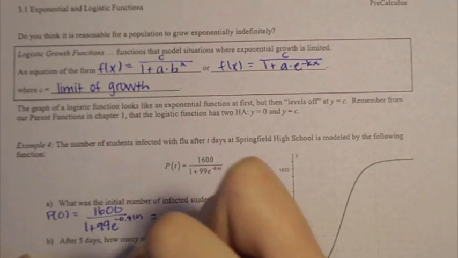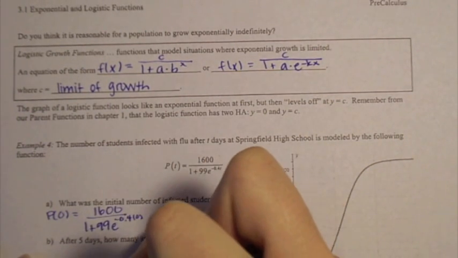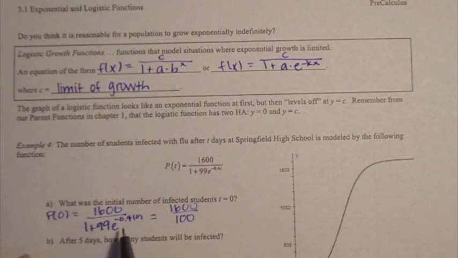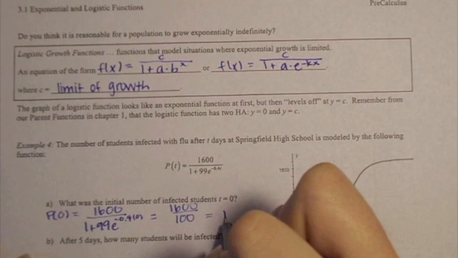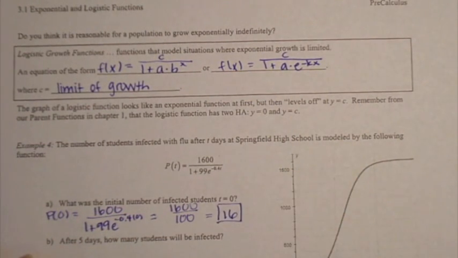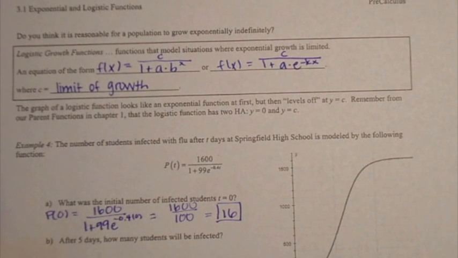This leaves us with 1600 over 100, which equals 16. So initially, there are 16 students infected with the flu.